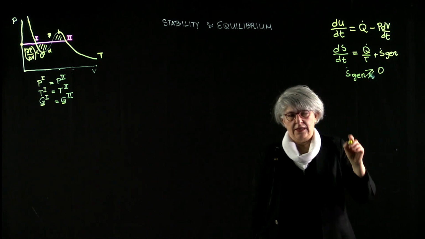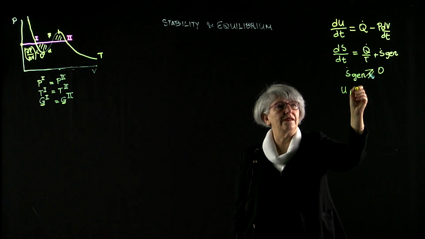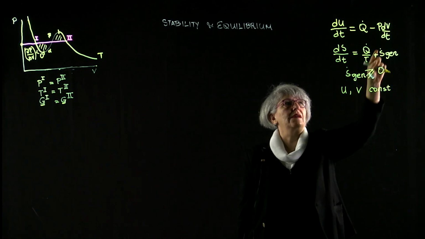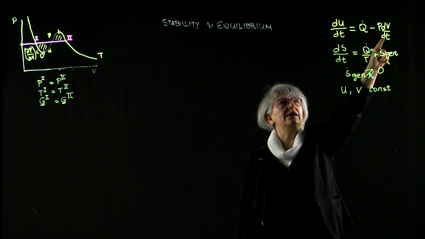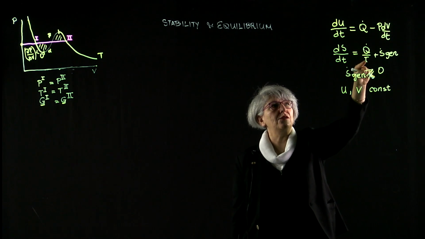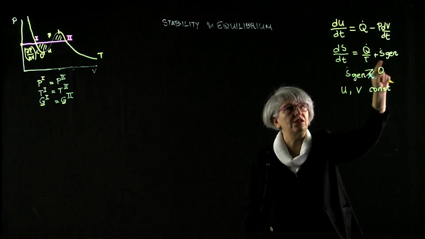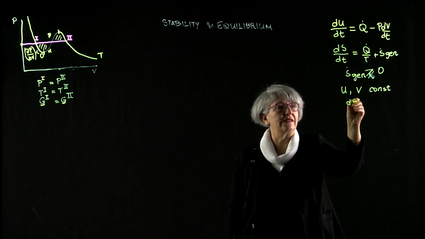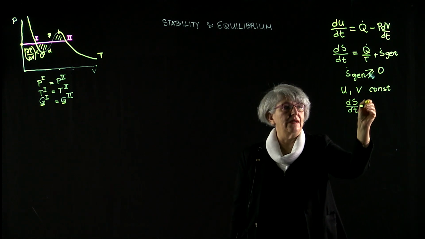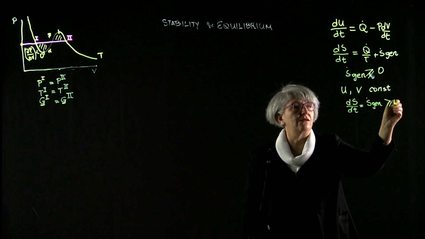And under the conditions where U and V are constant, we noticed that heat should be 0. Heat dropped out of this equation, rendering ds over dt to be equal to entropy generation. And then we noticed that ds over dt was equal to entropy generation, which should be greater than or equal to 0.